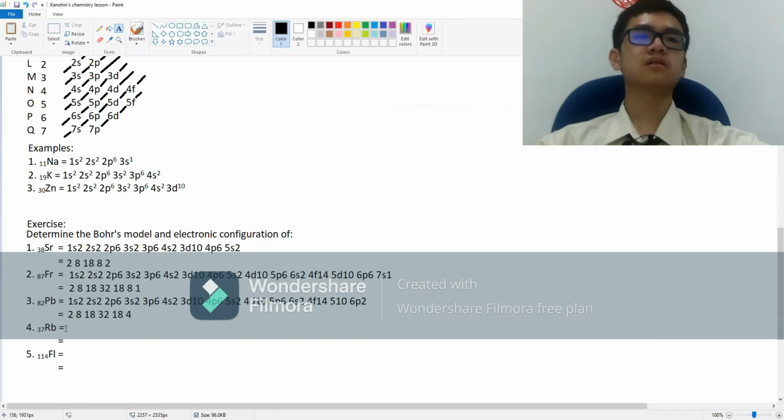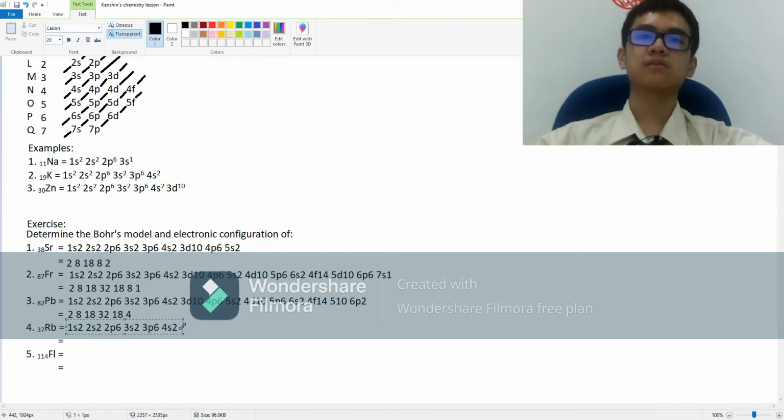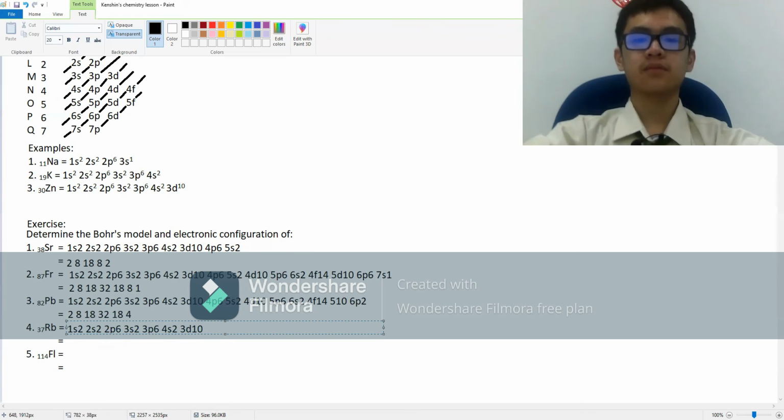Then we have another one until 37. Let's go. 1s2, 2s2, 2p6, 3s2, 3p6, 4s2. If you keep doing this for long enough, you start to remember things. Like when you reach 4s2, that's number 20. Then 3d10 makes it 30.